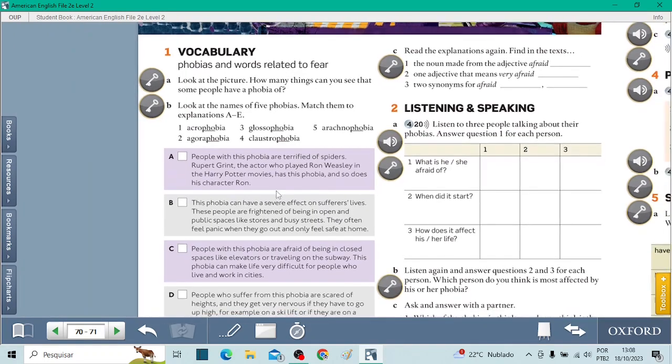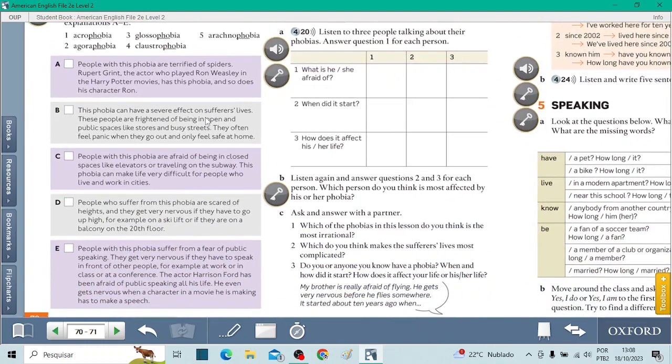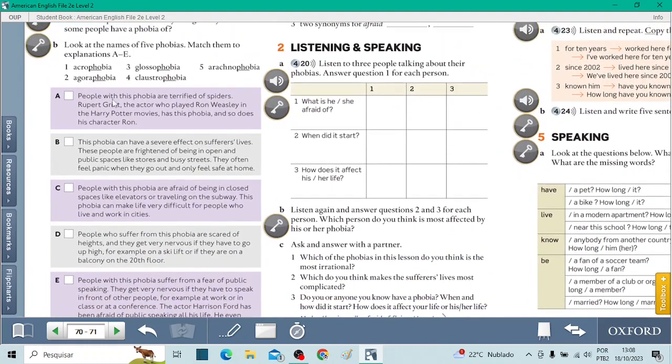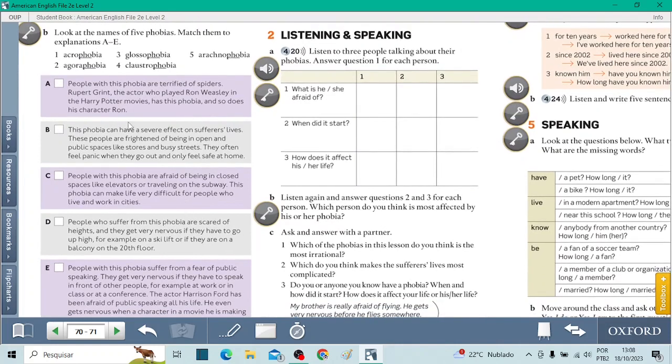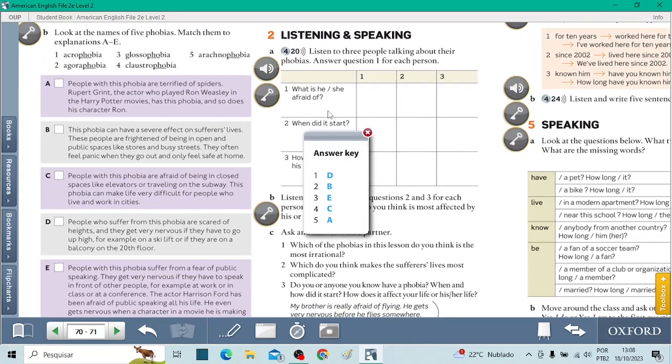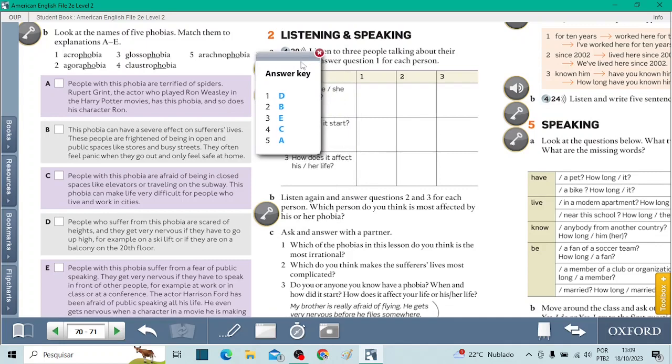Okay, read these texts here and see which of the five phobias is being described. Pause the video and do it. Great, let's then check your answers. This is the order of phobias we have.